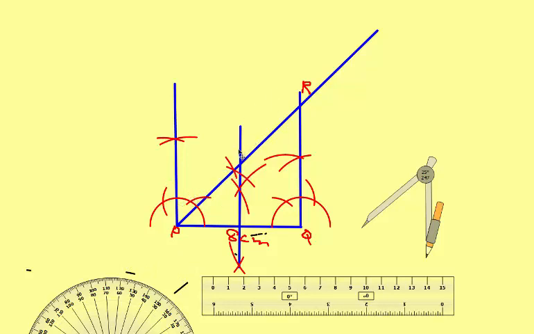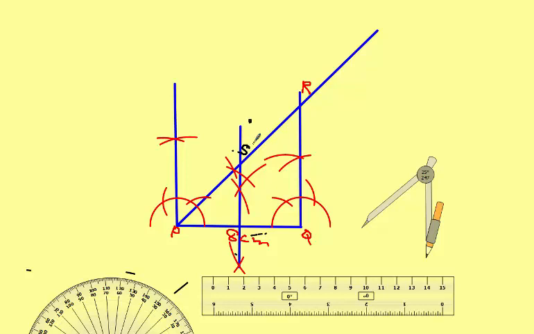Good. So let's call this point S. So this is point S here.